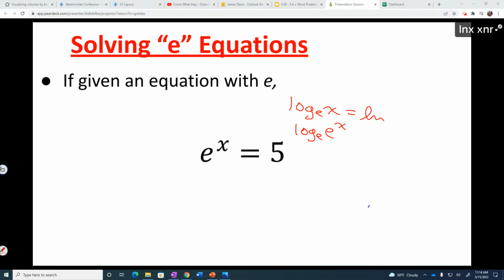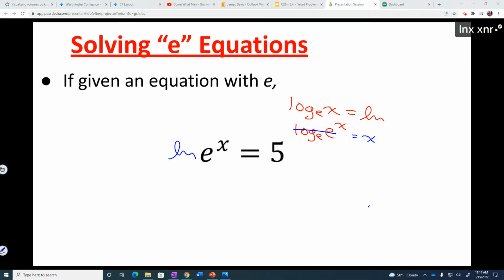Yeah, they cancel. So it turns out these cancel, and it leaves you with just x. So in order to get the x down, since logarithms and exponentials are inverses, we take the natural log of this side.